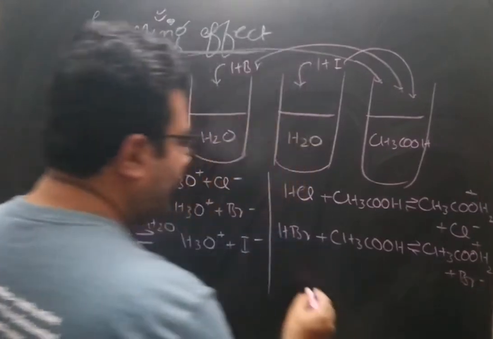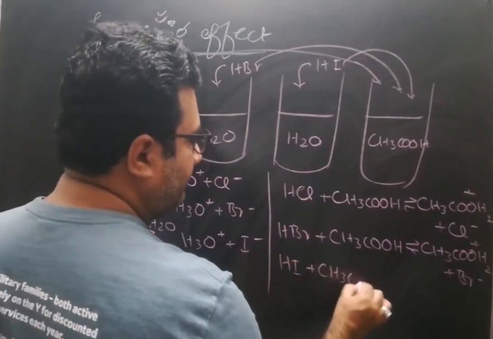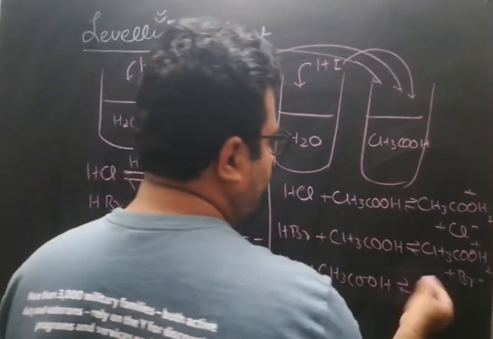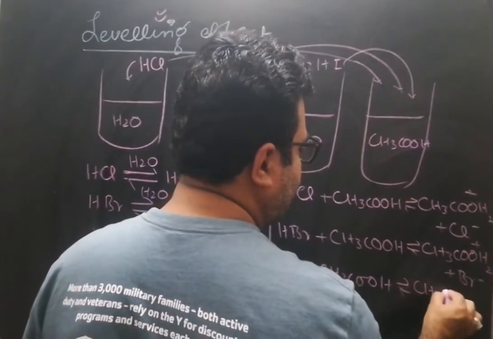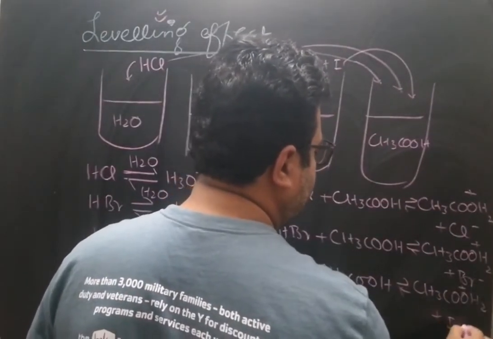And in case of HI, when it protonates, it will again protonate to a different extent, depending upon its acidic strength, producing CH3COOH2+ plus I-.